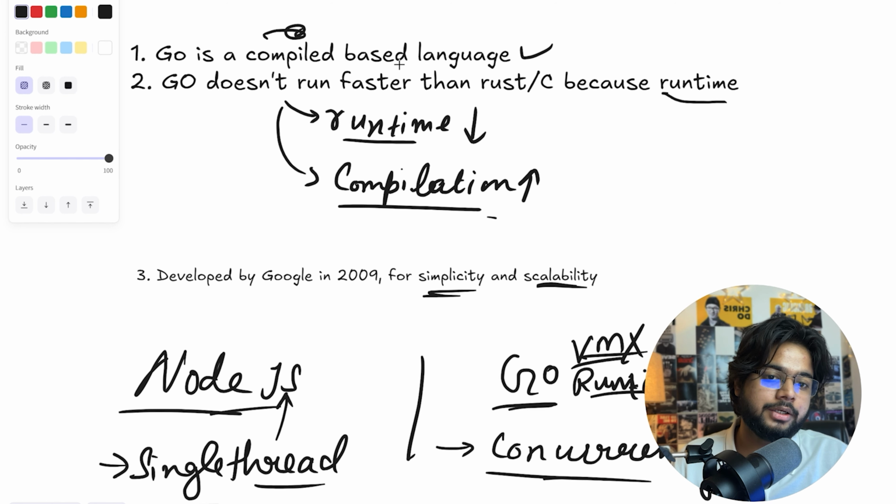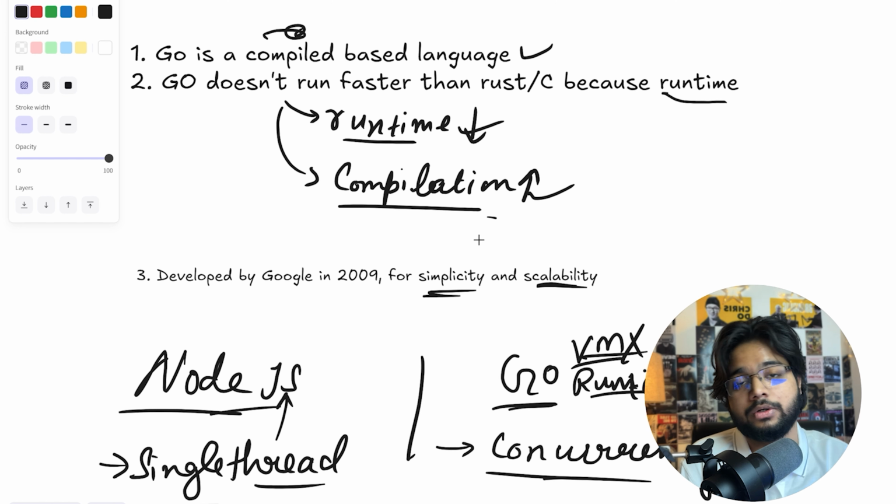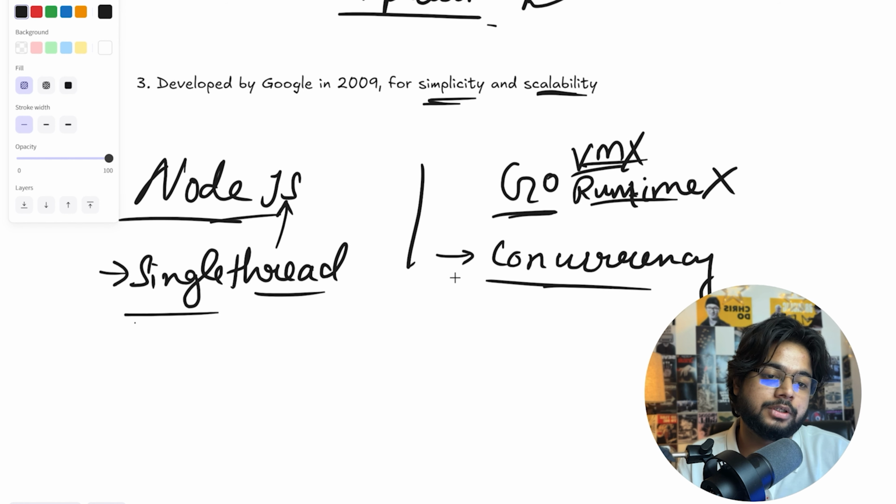You just have to compile it and send it to the client or the server, and it will run perfectly. And I already talked about which is faster and which is slower, as compared to Rust and C. Now moving forward, it was developed by Google for its simplicity, scalability, and power.